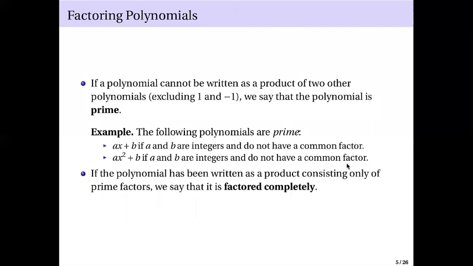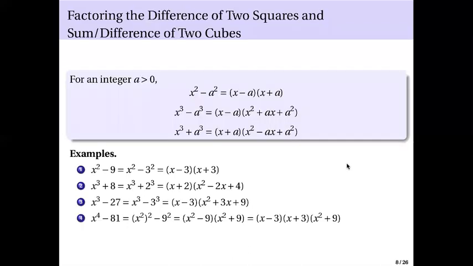In our example, the integers there were 1 and 9. We do not consider that to have a common factor. 1 is actually a common factor, but we don't consider 1. So this x squared plus 9 is no longer factorable.